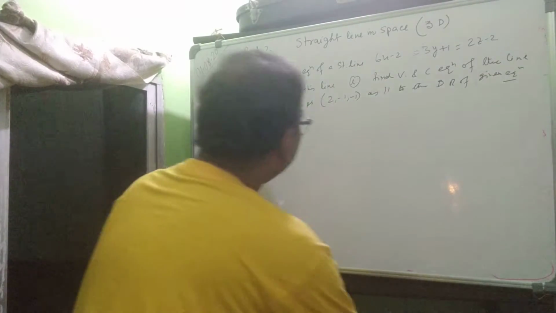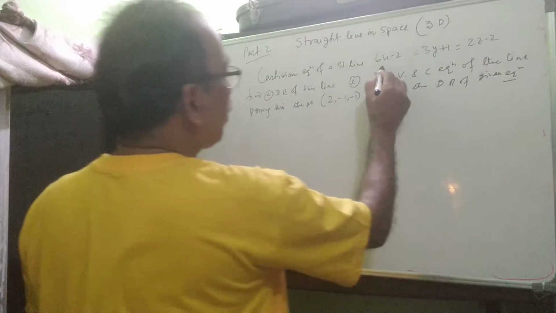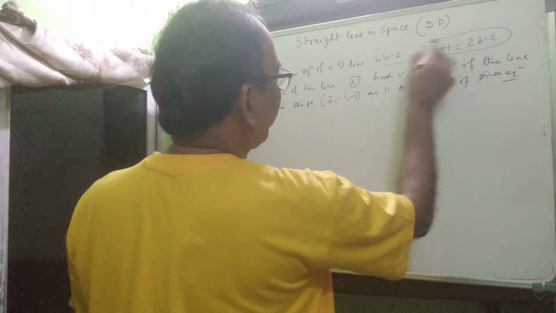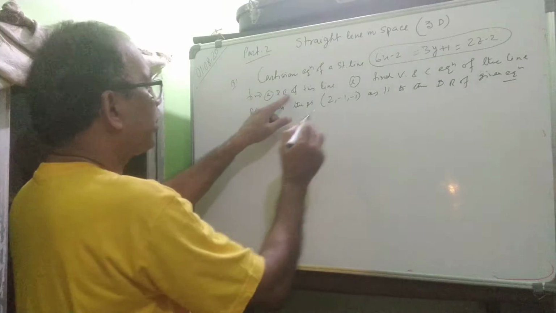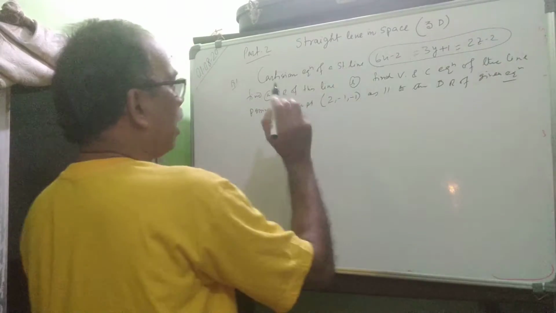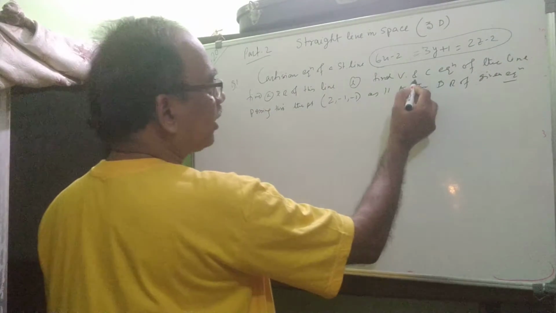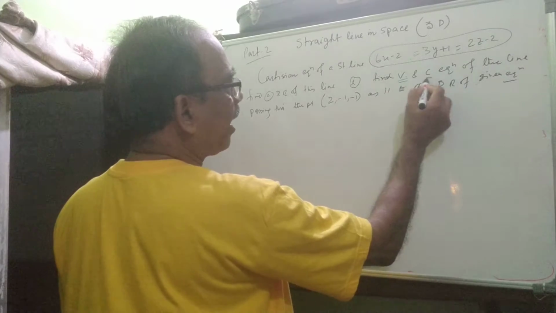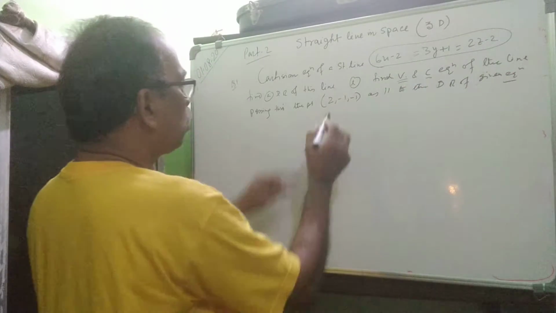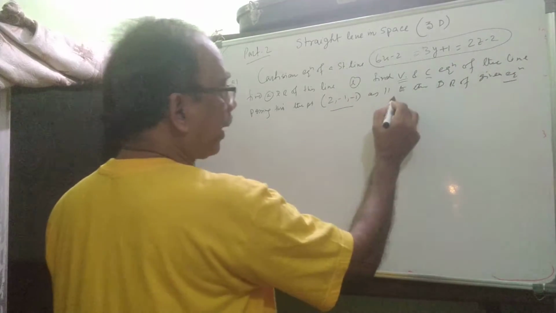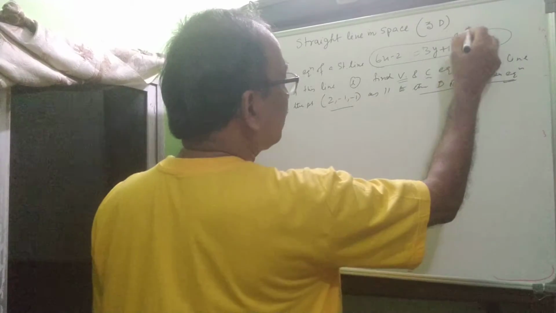So I am telling again, this equation is given. You have to find the direction ratio of this equation. Number 2, find the vector and Cartesian equation of the line passing through this point and parallel to the direction ratio of this given line.